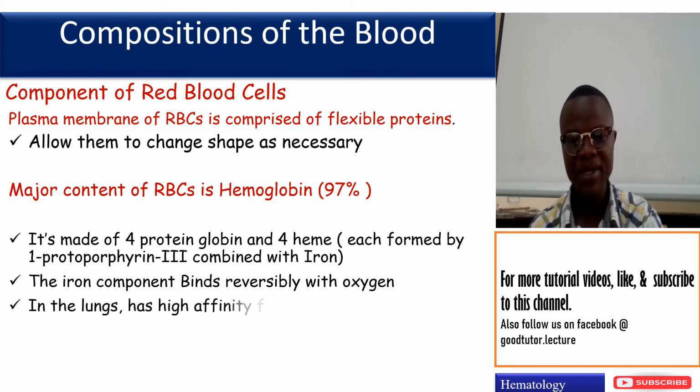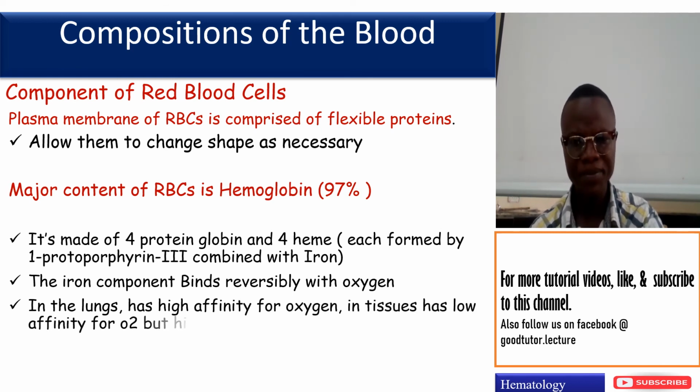So what happens is in the lungs, the hemoglobin affinity for oxygen is very high, and the affinity for CO2 is very low. So that's why we have the diffusion of O2 across the alveolar membrane in the lungs.